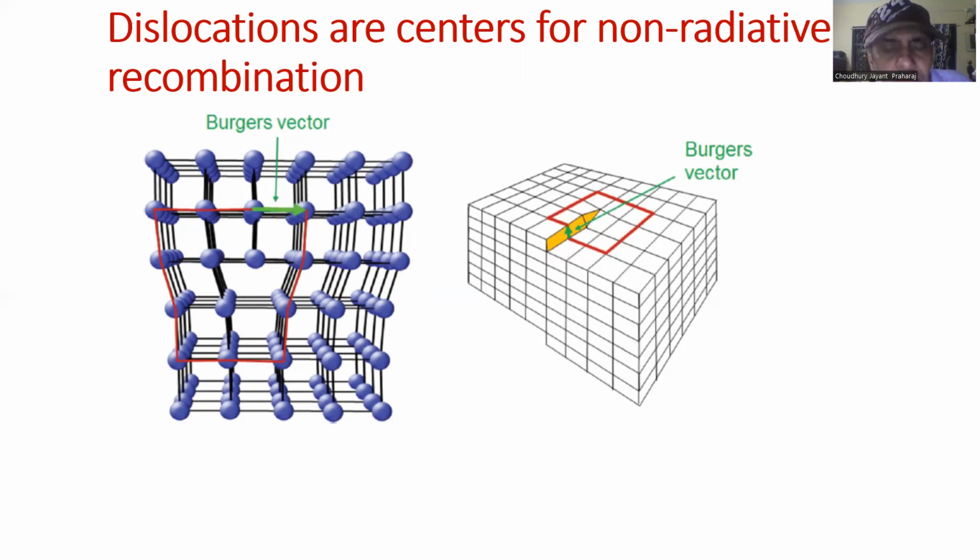And then these dislocations introduce deep states. So for example, they have dangling bonds and they introduce mid-gap states or deep states, and those can lead to non-radiative recombination, and we need to minimize those. So reducing dislocation density is a key consideration when designing these solar cells.